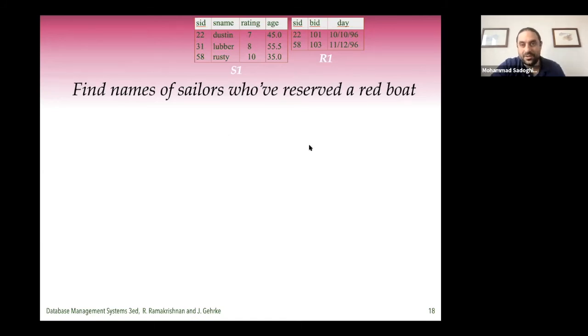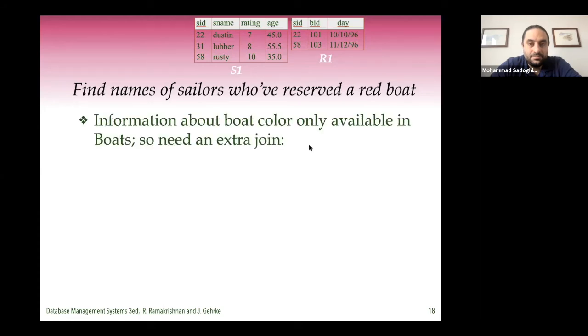So how do we go about solving this? We definitely need an extra join, because we're assuming there's just an extra table that gives us the color.